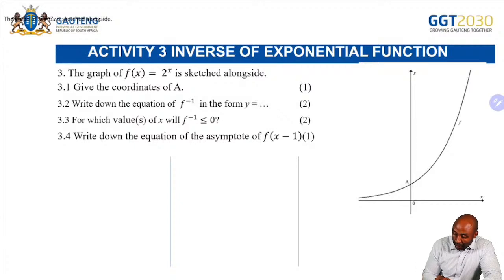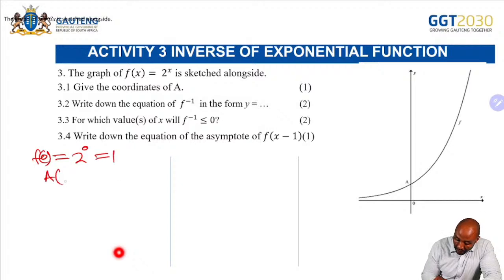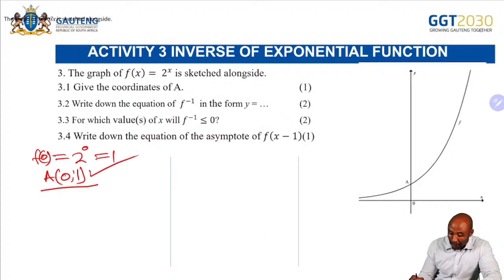So to get the y-intercept, we know that our x is 0 there. We can evaluate f of 0, which is 2 to the power 0, which will give us 1. So it means the coordinates of a will be 0 and 1. So for answer only there, you can get marks because you know the y-intercept. It's 1 mark there.